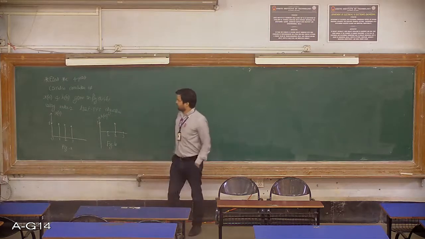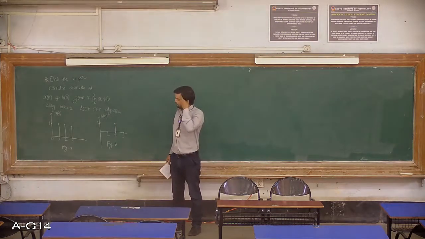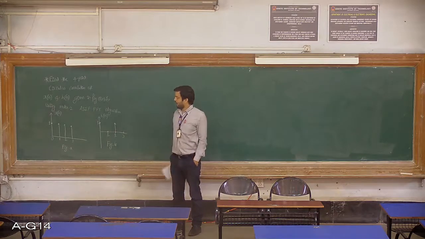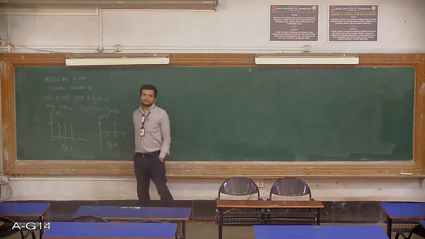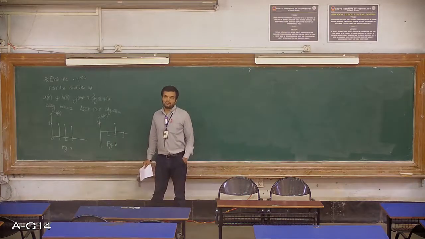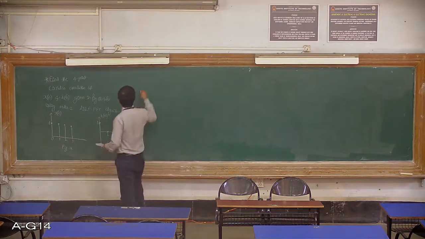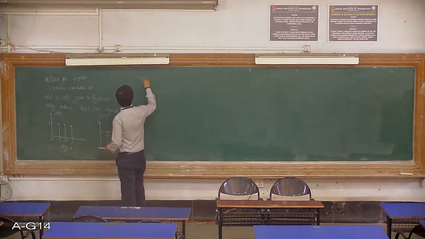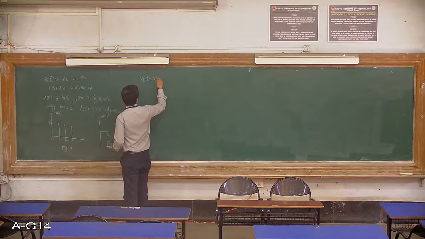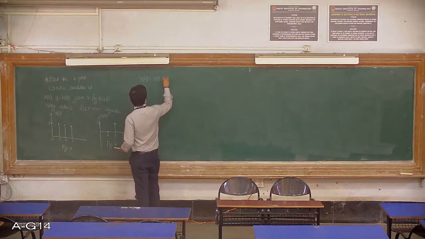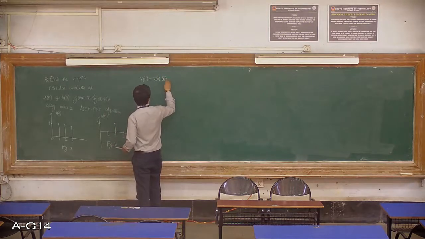This is the given problem statement. So x of n and h of n is given. So we have to find the 4-point circular convolution. Alright. So how to find that? We know y of n is equal to x of n 4-point circular convolution of h of n.